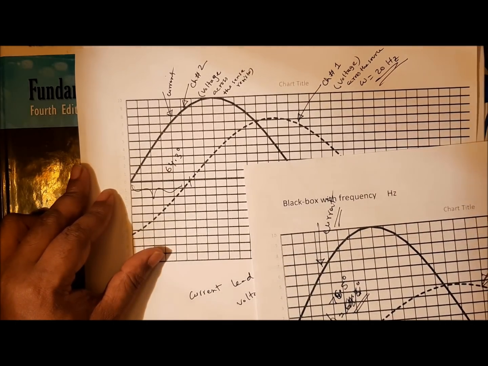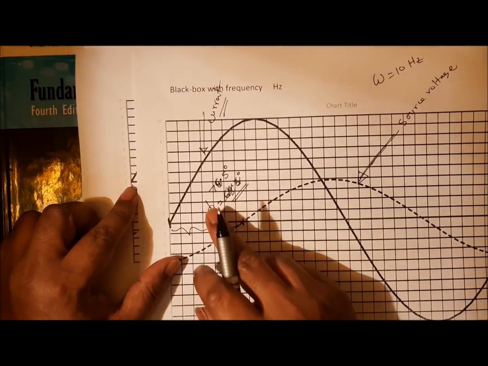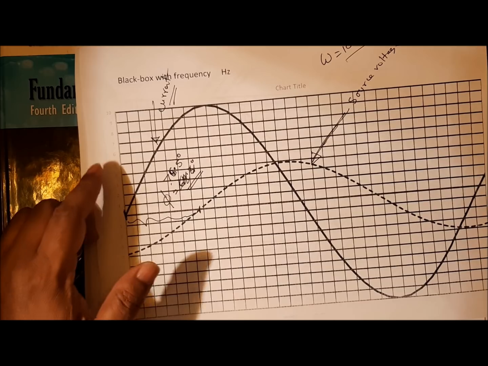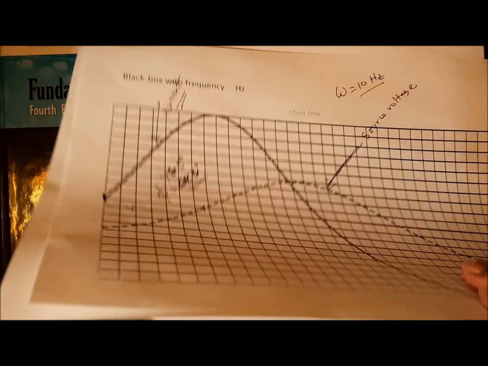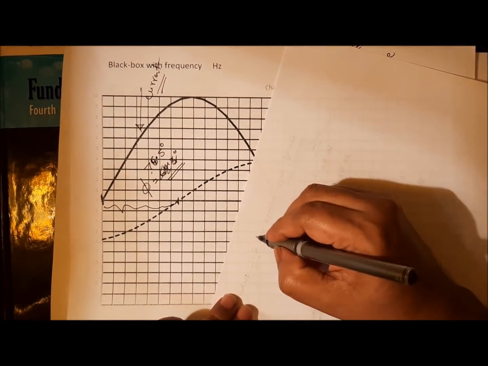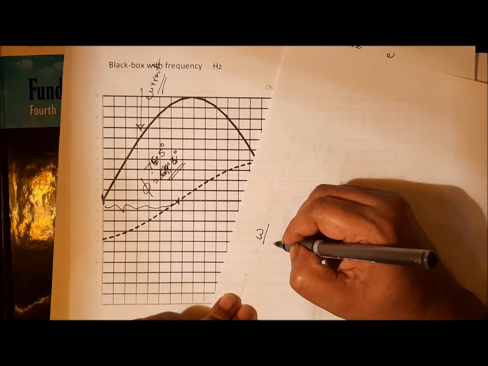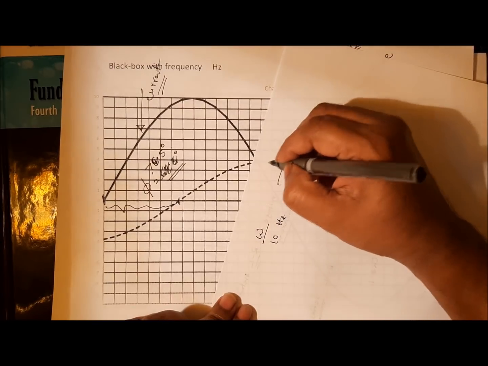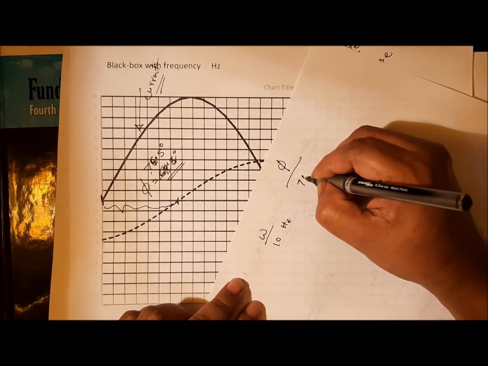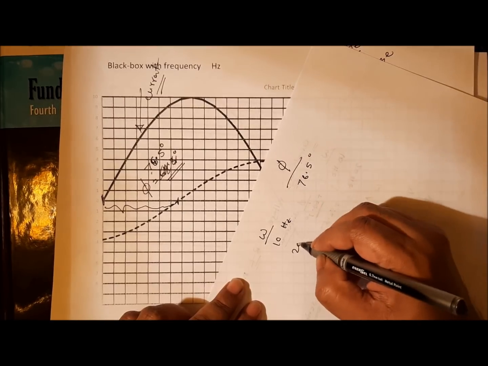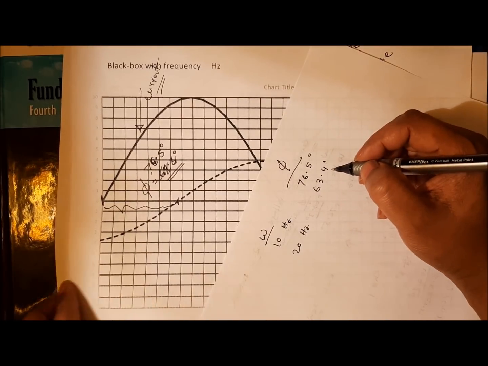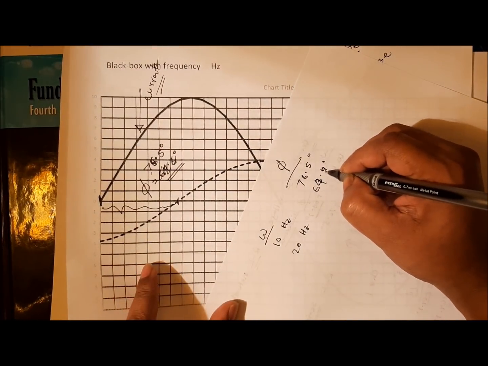So this is 64.3 degrees for omega equal to 20 hertz, 63.4, and for omega equal to 10 hertz we got 76.5. If you look at the frequency sense, for omega equal to 10 hertz our phase was 76.5 degrees, and for omega equal to 20 hertz it becomes 63.4 degrees.